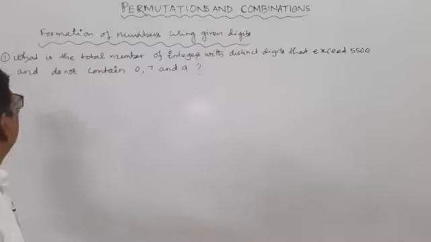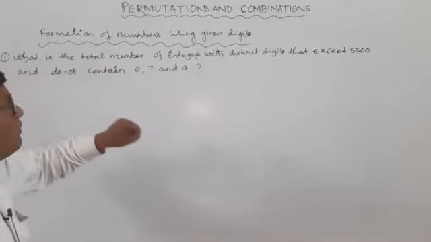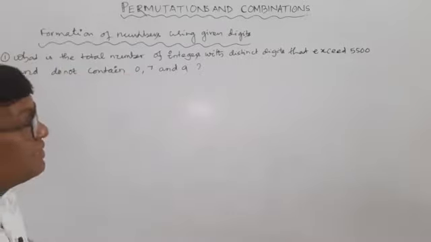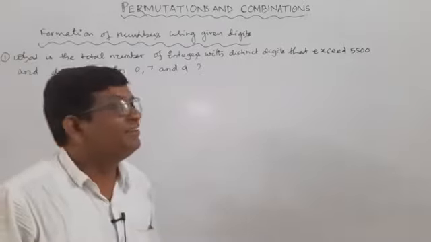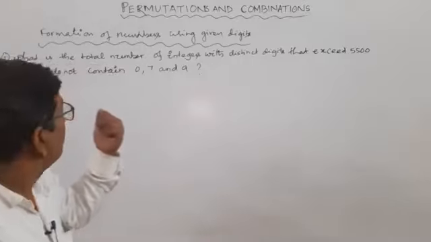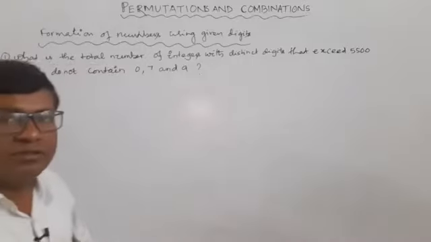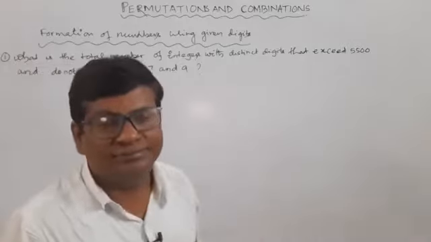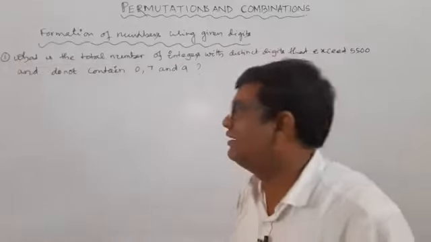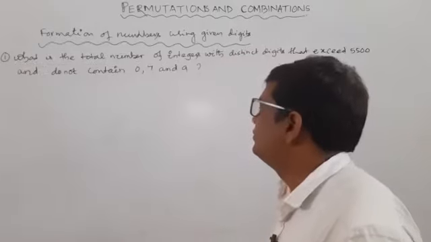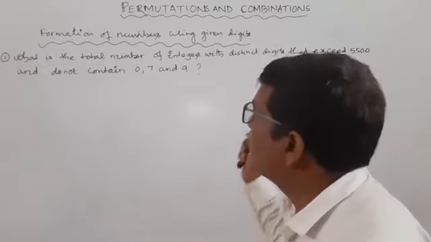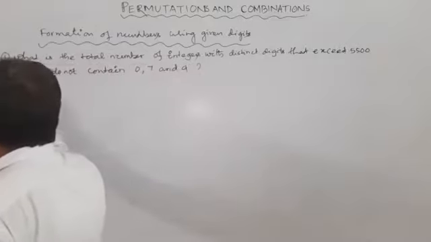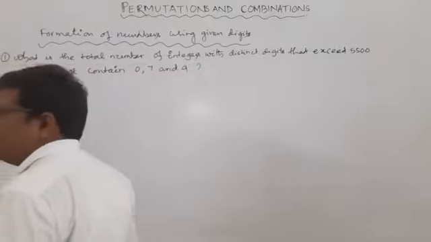Now the question is: what is the total number of integers with distinct digits that exceed 5500 and do not contain the digits 0, 7 and 9? That means indirectly it is given that the digits 0, 7 and 9 are not allowed.